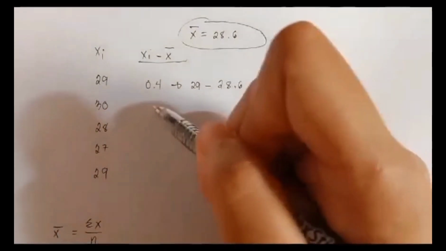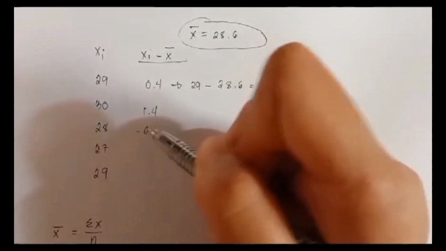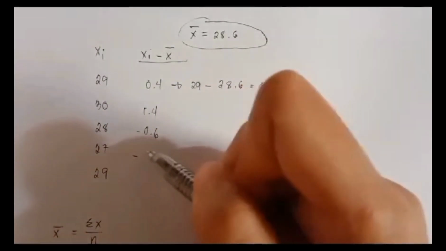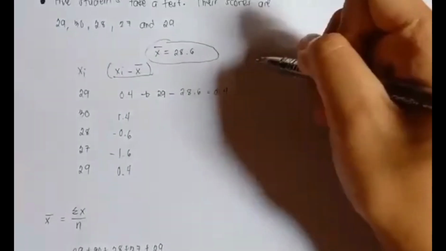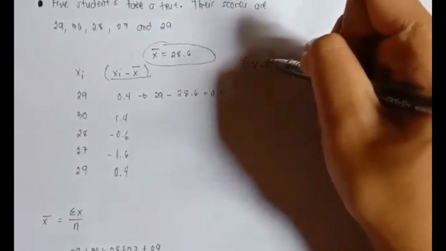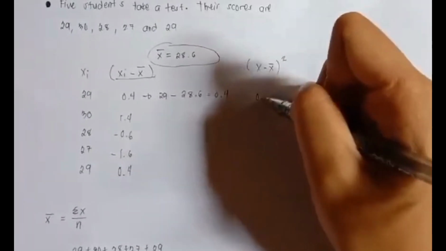Then proceed with the other scores by getting the difference between each score and the mean. After that, proceed to getting the square of x minus the mean.